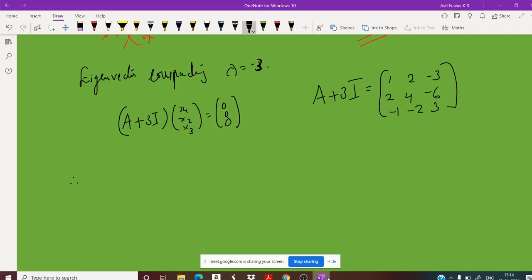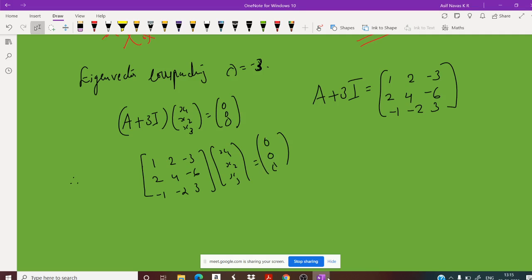Therefore, we will write the augmented matrix. So we can write 1 2 minus 3, 2 4 minus 6, minus 1 minus 2 3, times x1 x2 x3 is equal to 0 0 0.